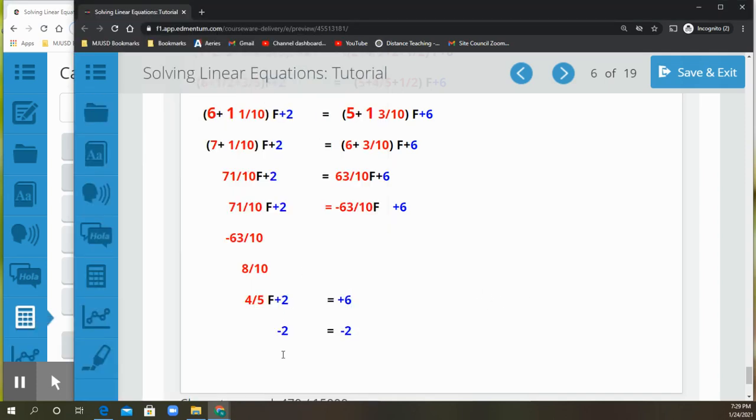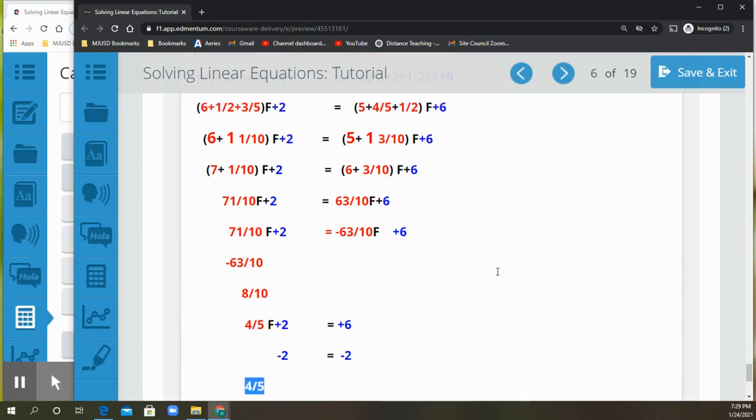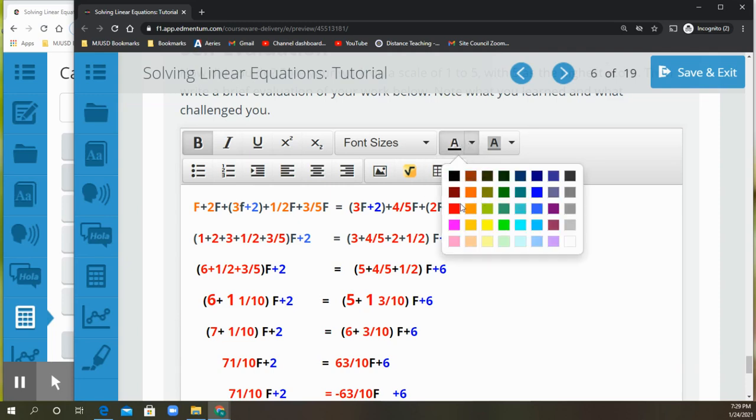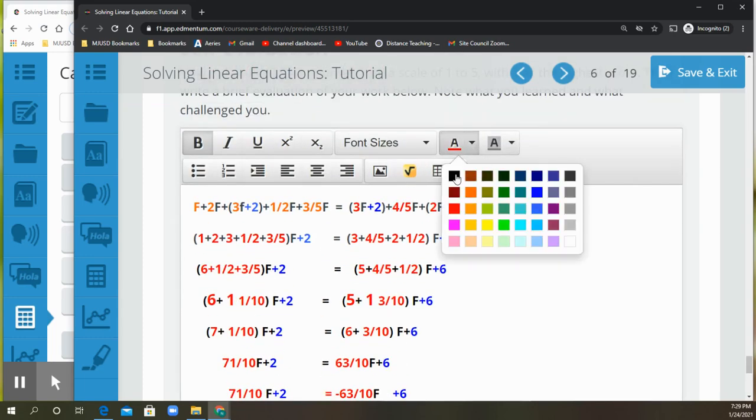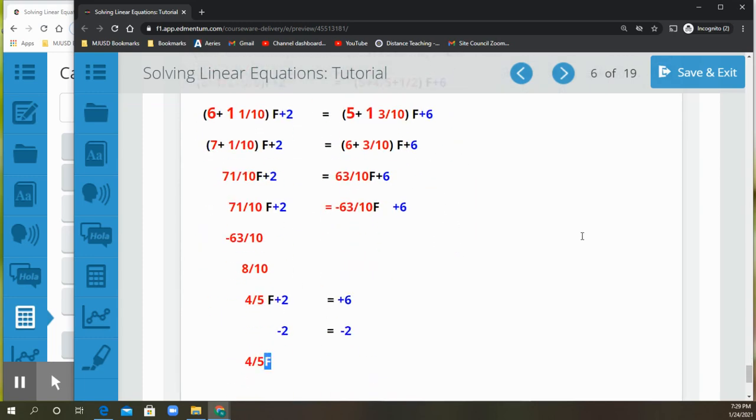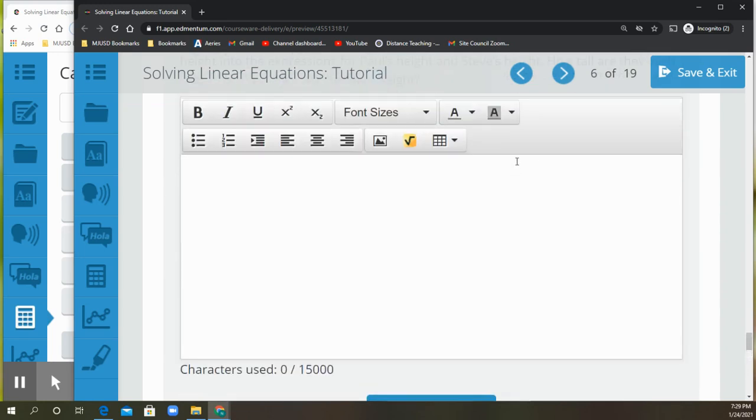All right, so then you are left with 4/5. Oh man, and it's blue. Let's change that to red. Again, just for continuity. F. I don't know why I do this to myself.